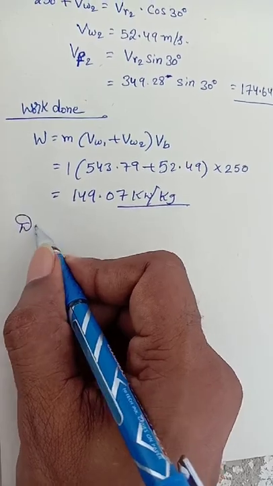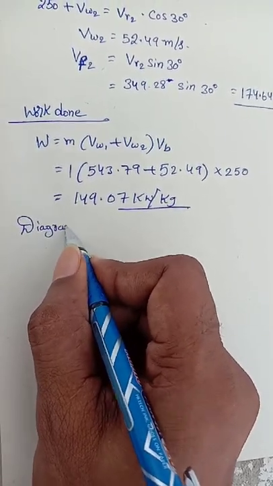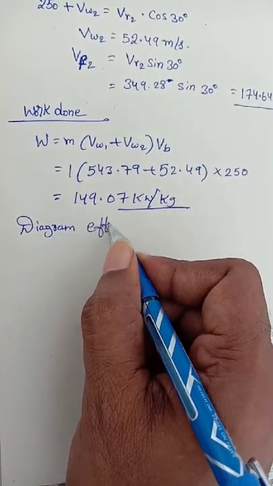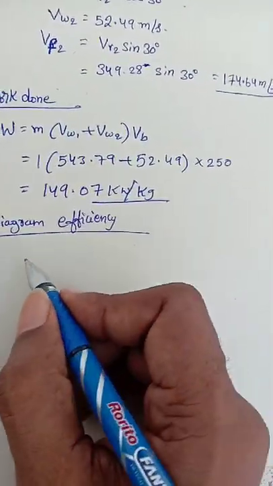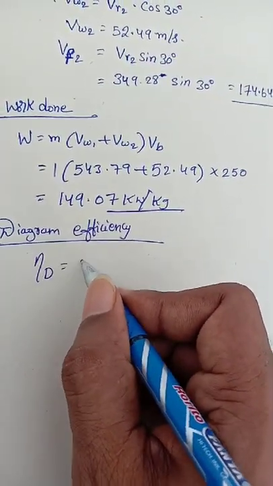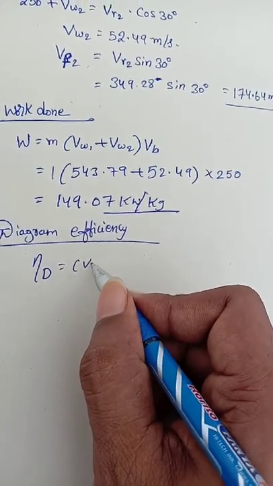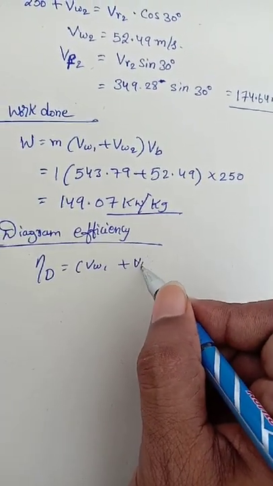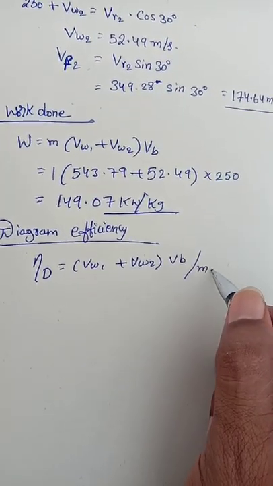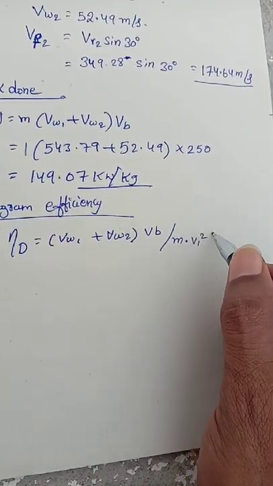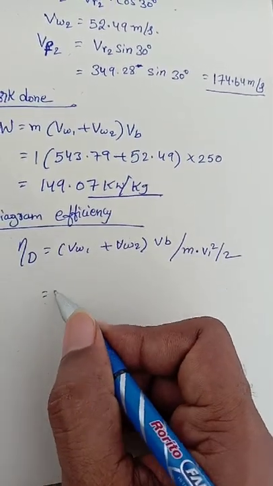And the next one is the diagram efficiency. So diagram efficiency is equal to (Vw1 plus Vw2) Vb divided by m into V1 square by 2.